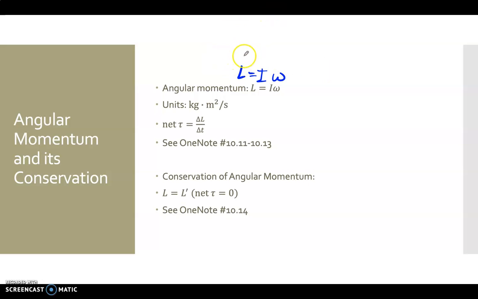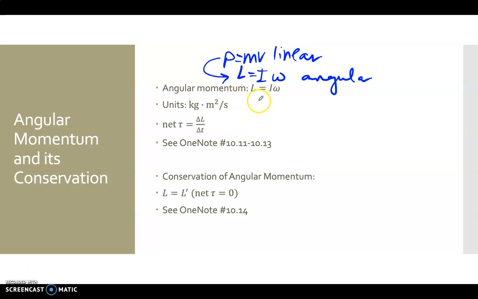You can compare that to linear momentum, P, if you want. P equals mass times velocity. So it's the same kind of deal, right? So this is linear, but this is angular momentum, okay? The units are going to be kilograms meters squared per second.